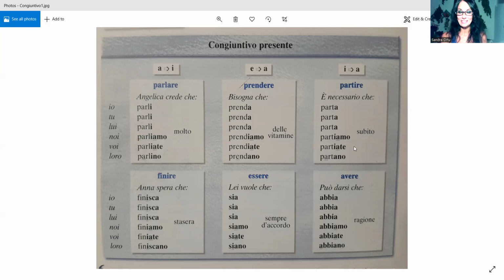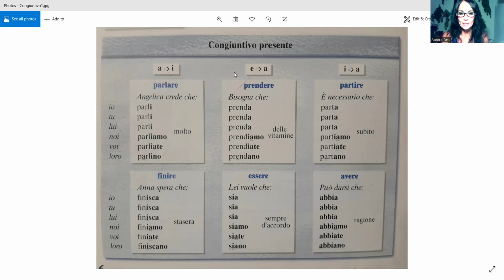Quite a few irregular verbs, which you can learn gradually, of course. Finally, the ending for loro, for the group in ire, is ano, again, like ere. So I'm going to read it. For the first three persons is parta, and then noi partiamo, voi partiate, loro partano.